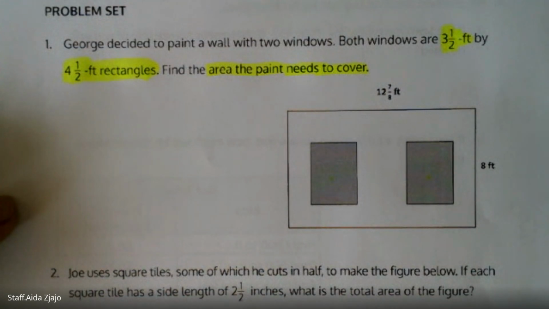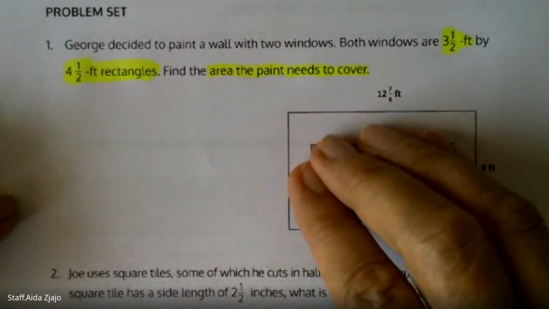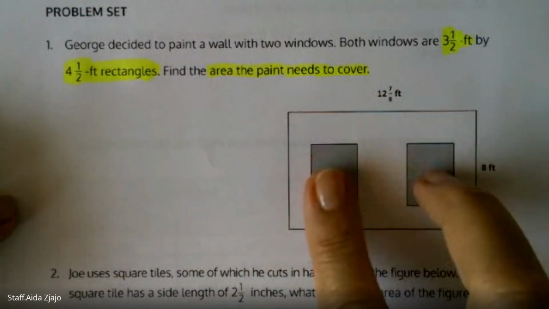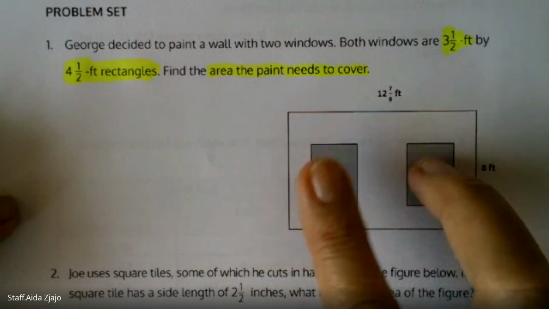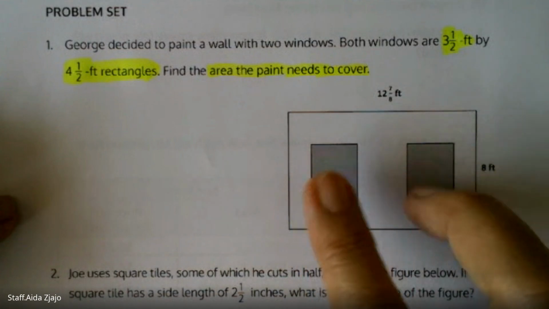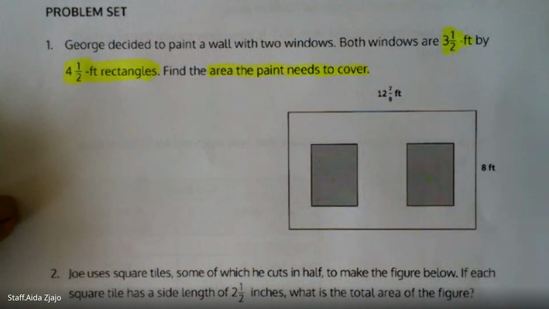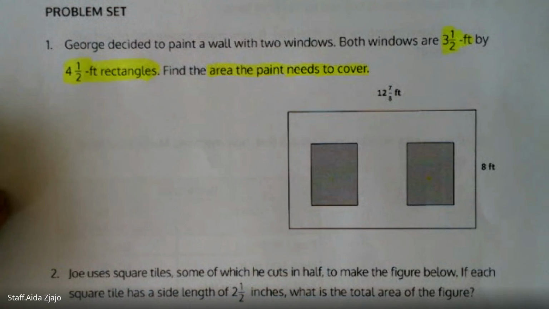This is called the outside method. You find the total area of the whole wall, then find the area of the rectangles or windows, and take away those areas from the total, and we will find the answer.